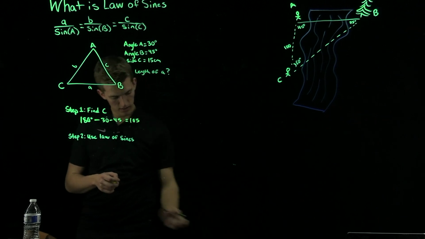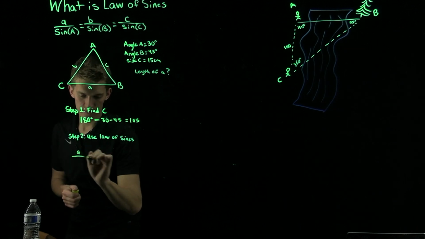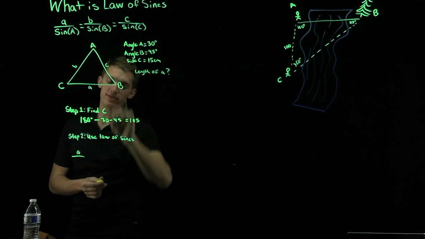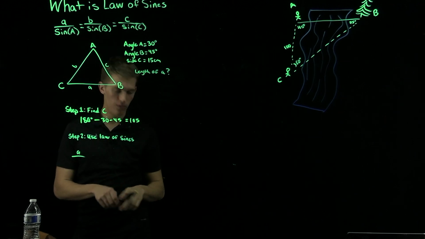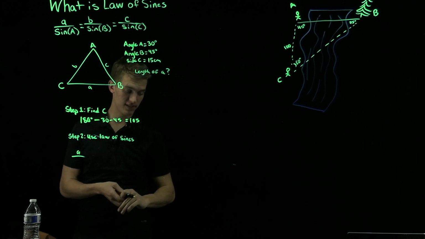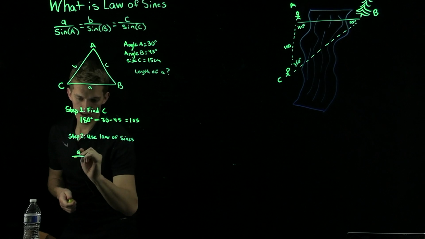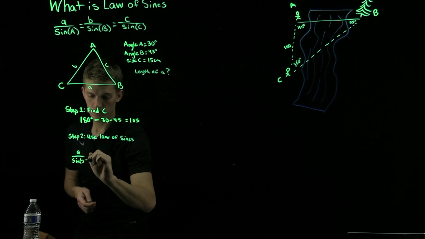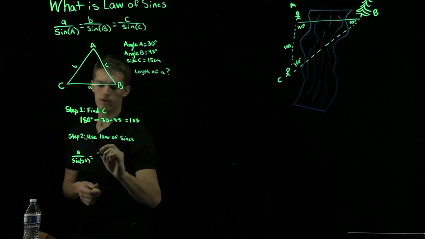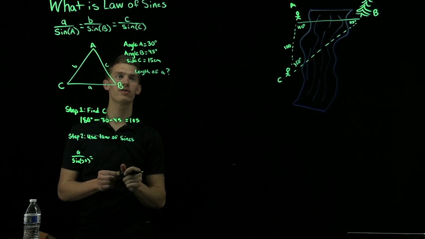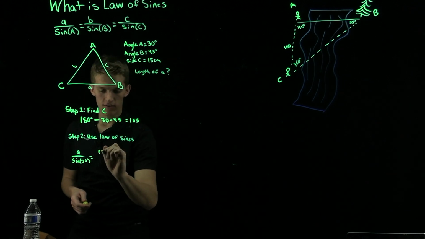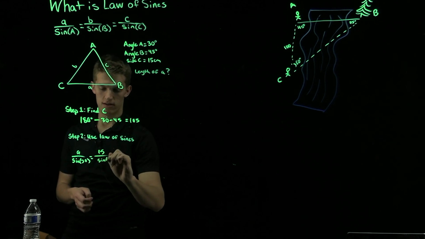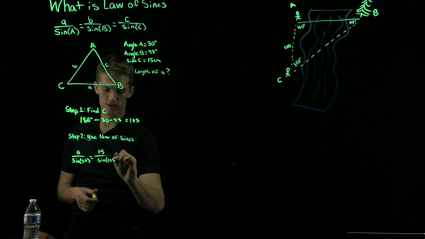Okay, and then we just do some math here. We plug and check, and we just go. We have our relationships, we have our information, and we can use that to find the length of A. So sine A, angle A is 30, equals, and we know the length of C, 15, above the angle of C, sine 105 degrees.